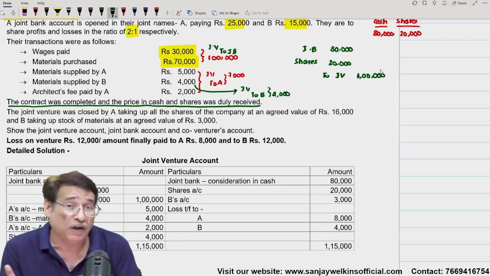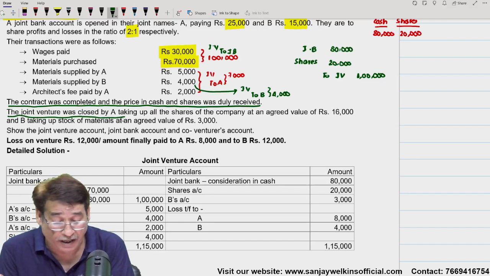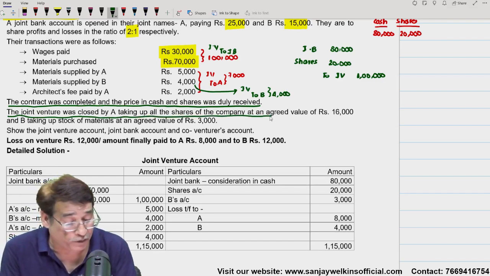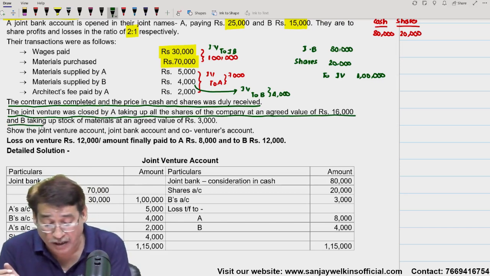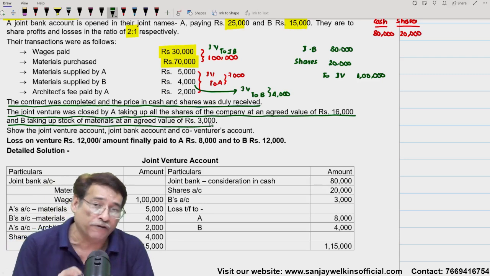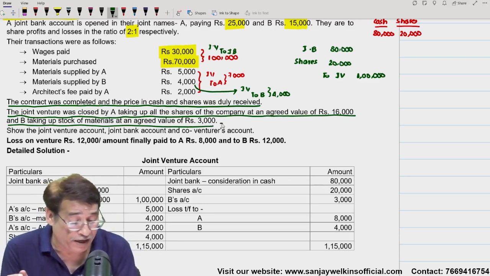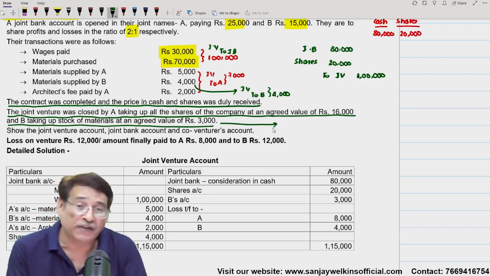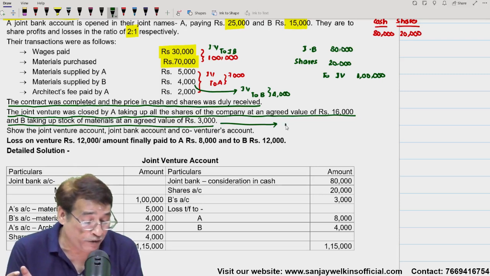Now further the question says that the joint venture was closed by A taking up all the shares of the company at an agreed value of 16,000 and B taking up stock of material at an agreed value of 3,000. I have already told you, if any material or unsold assets are taken over by a co-venturer, in that case, the co-venturer will be debited.